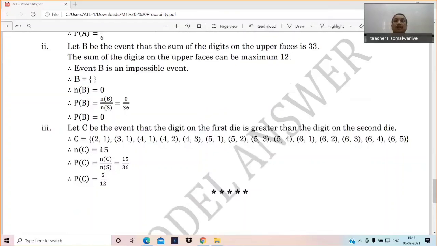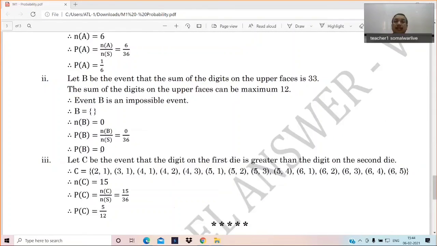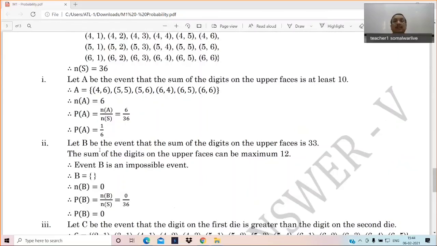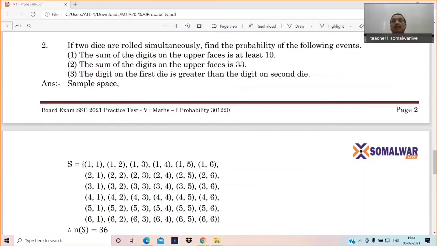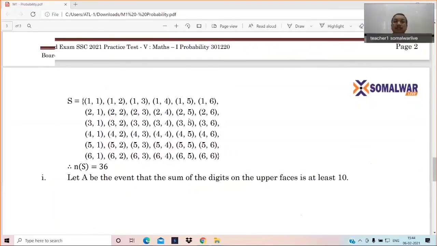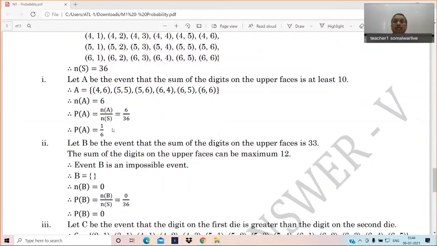Okay. So again I will suggest writing your answer in a sentence, in the language in which the question is asked. Like for the first: the probability of the event that the sum of digits on the upper faces is at least 10 is 1 by 6.